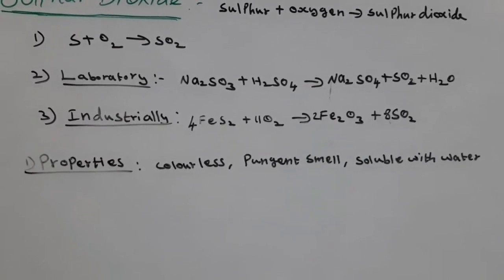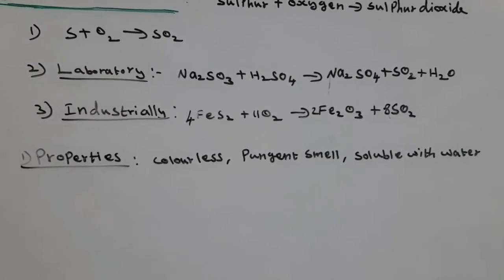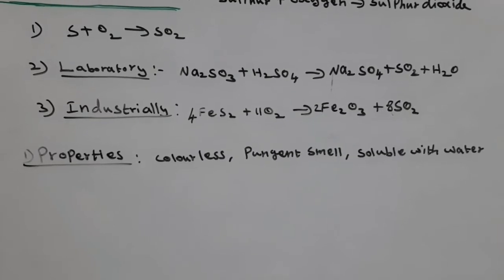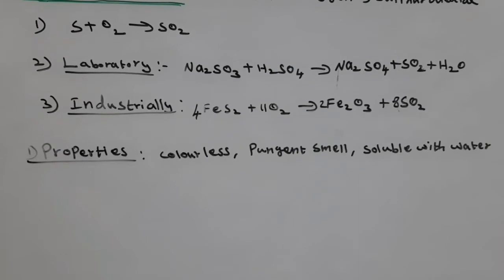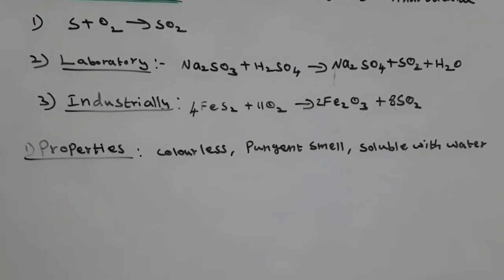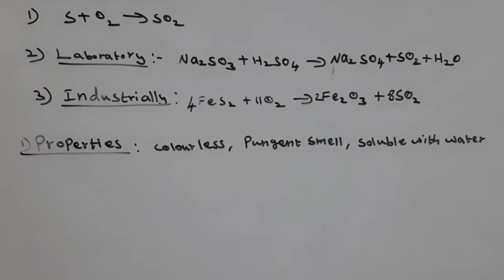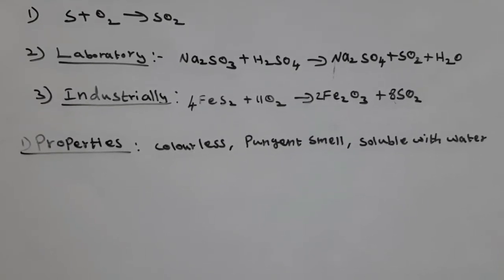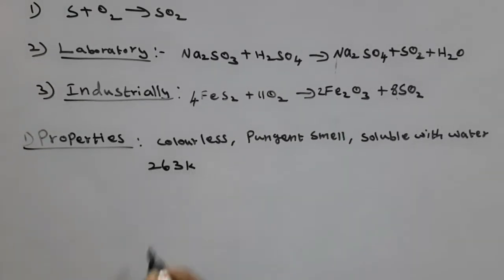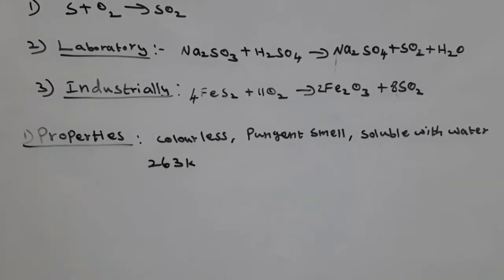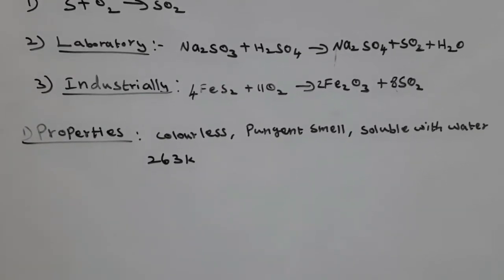When rain comes, what happens? It is easily soluble, so all the sulfur dioxide gas dissolves in water and immediately causes acid rain. Also, sulfur dioxide is liquefied at room temperature and pressure, and its boiling point is 263 Kelvin.